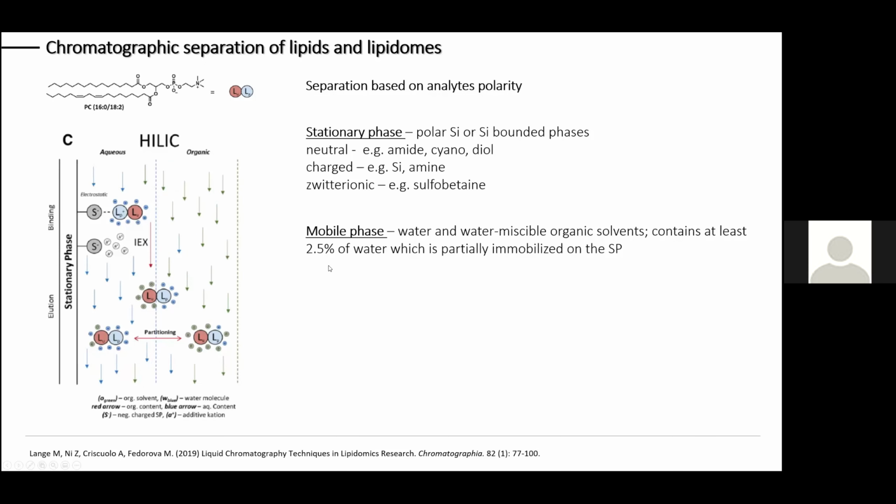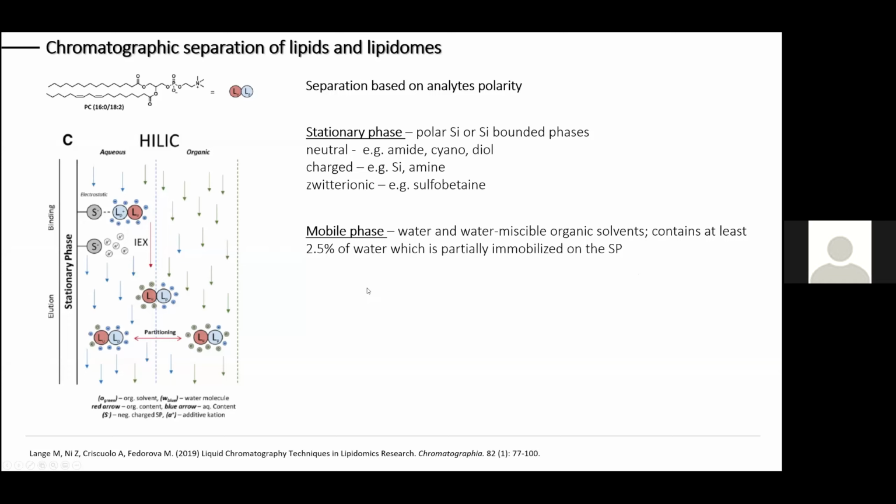On the other hand, we have hydrophilic interaction chromatography, an orthogonal mode of separation based on lipid polarities. Now the other part of our lipid molecule comes into play, the one characterized by the head groups, for instance of phospholipids. We have stationary phases based on silica, and they can be neutral, charged, and zwitterionic. Our mobile phase is water and water-miscible organic solvent as well.